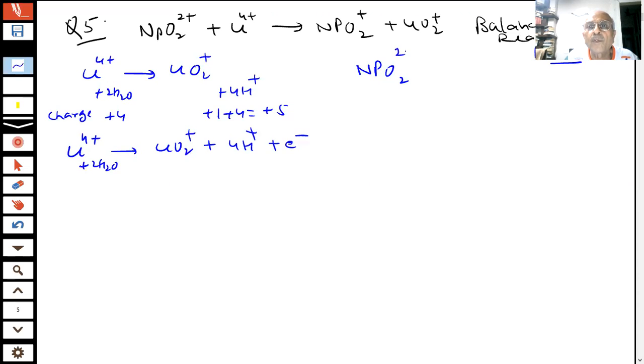NpO2 2+ to NpO2+. Neptunium is electron deficient on the left side, so you will add one electron on the left side. Balanced. Then this is our equation 1. This is our equation 2.